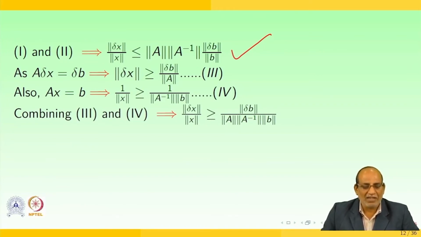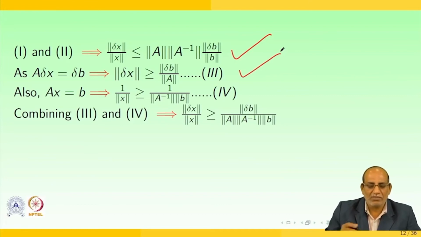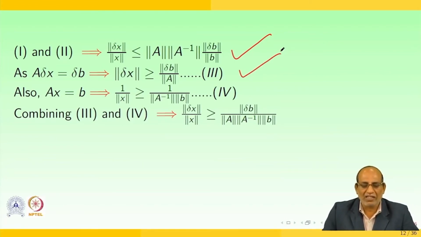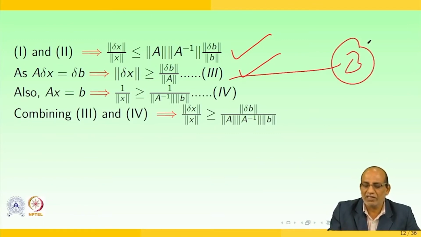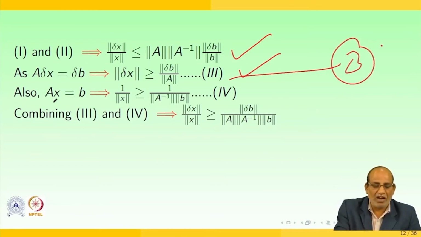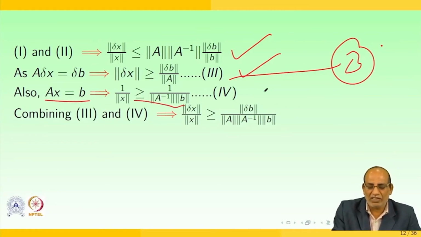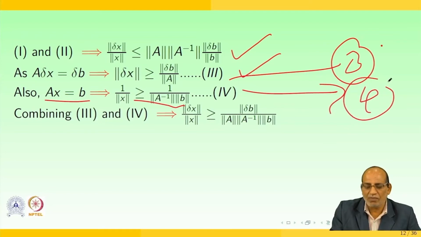As A times delta x is equal to delta B, this implies norm of delta x is greater than or equal to norm of delta B upon norm of A. So this I call equation 3. Also we have Ax is equal to B, so 1 by norm of x is greater than or equal to this thing, which I call equation 4.